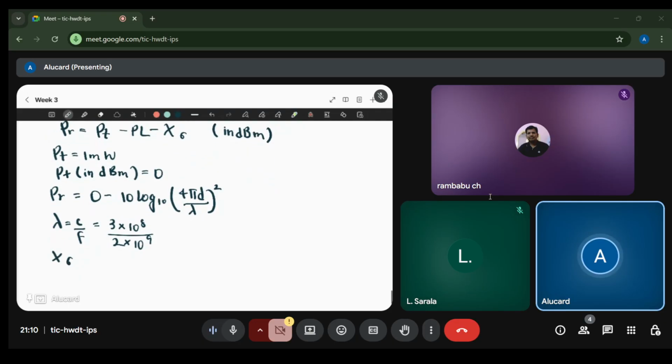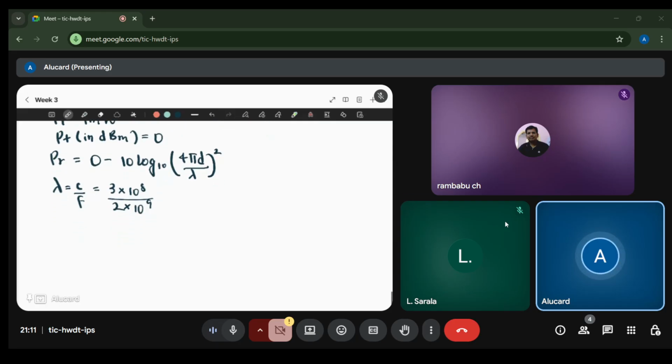Then sigma has been given to be 6 dB. So we'll use that later.